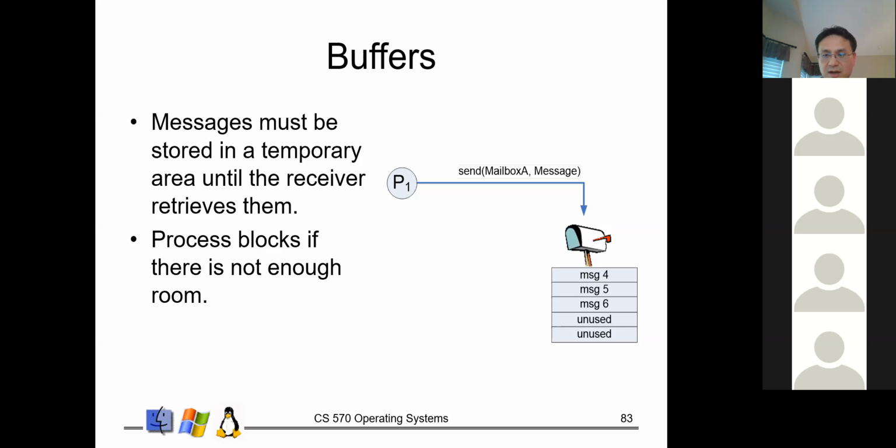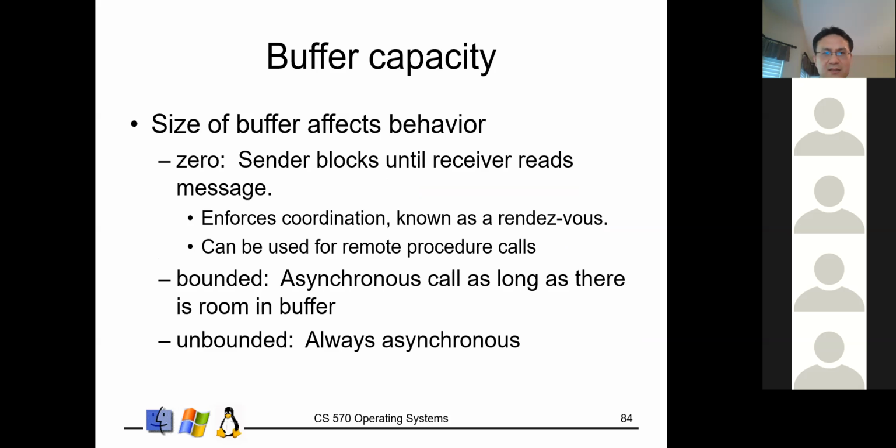Eventually, you still have a buffer overflow problem if you send too many messages, or you could have a buffer underflow problem if your receiver consumes the messages faster than the sender sends them. So how do we maintain that buffer capacity? There are a few options here, and they are actually used for different use cases.